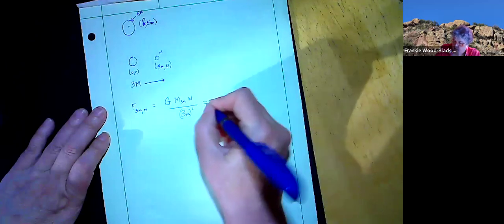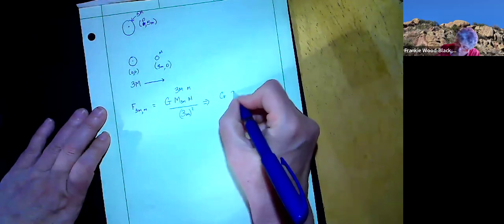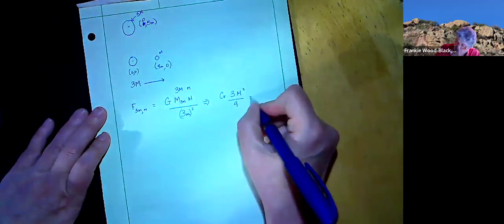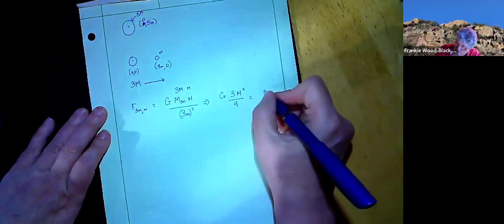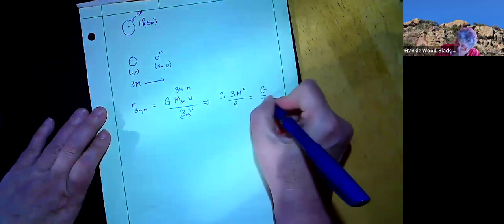And this is going to be a vector. So we could rewrite this as G times 3m times m, so this is 3m squared divided by 9.